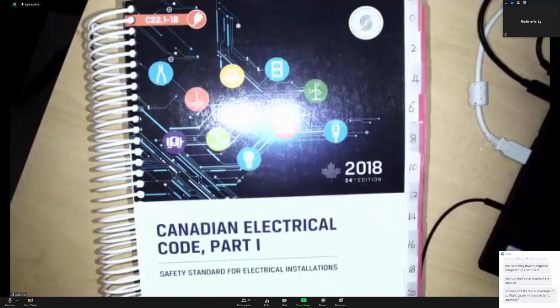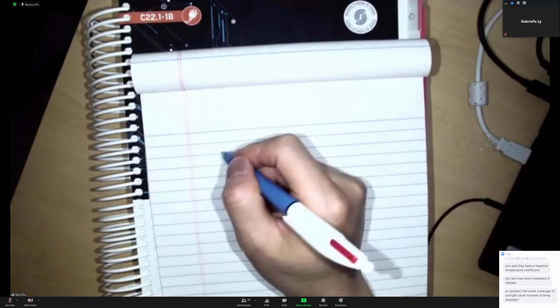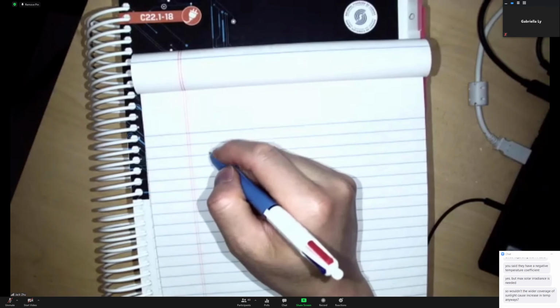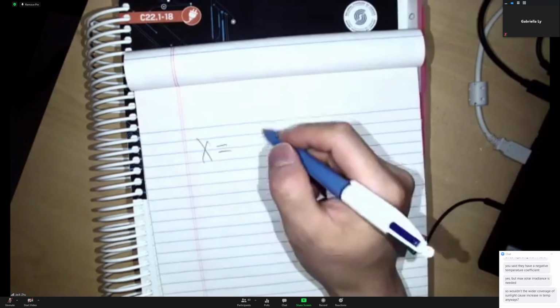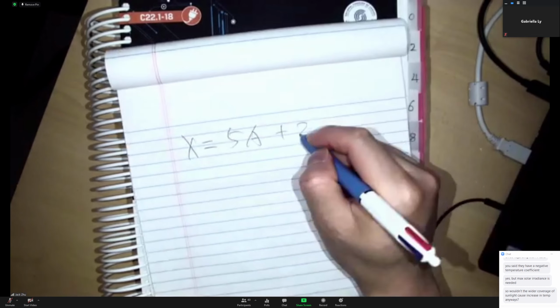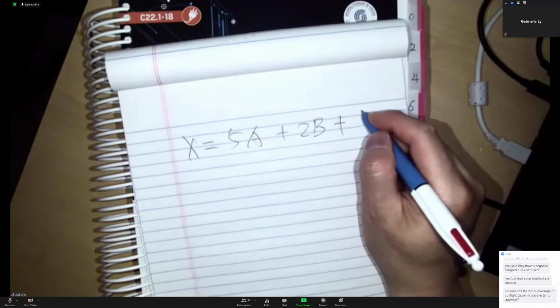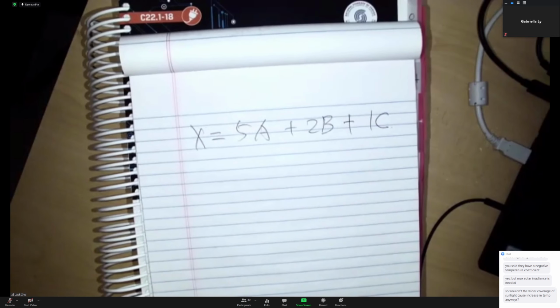just like it's easy to see in a mathematical relationship. So if X equals 5A plus 2B plus 1C, right?